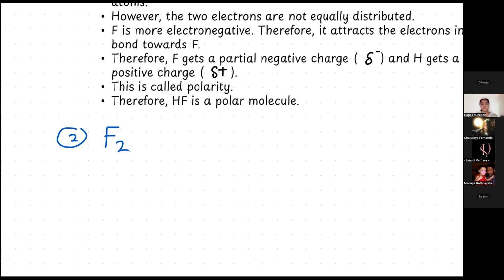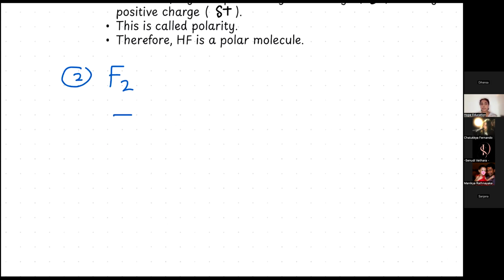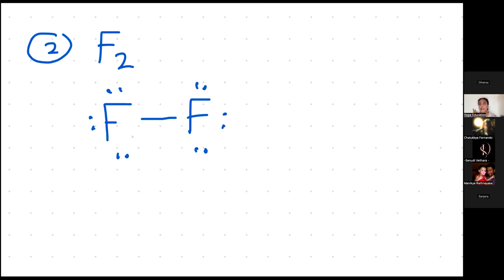F2 is formed like this: there are two fluorines, with a covalent bond between them, and there are lone pairs like this. A covalent bond is formed by sharing two electrons, right? So here there are two electrons shared.